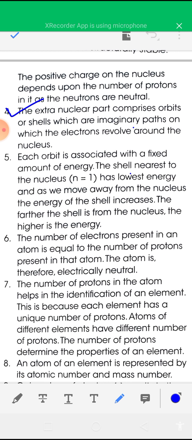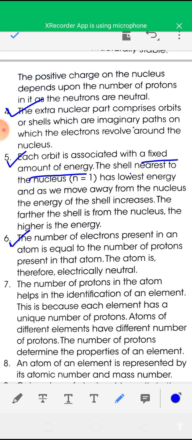Okay, and each orbit is associated with a fixed amount of energy. Niels Bohr also told this point. The shell nearest to the nucleus has the lowest energy, and as we move away from the nucleus, the energy of the shell increases.